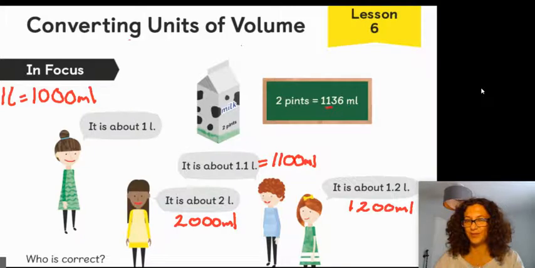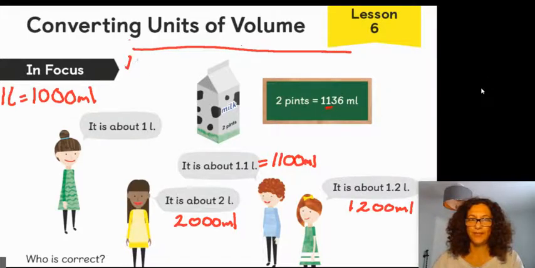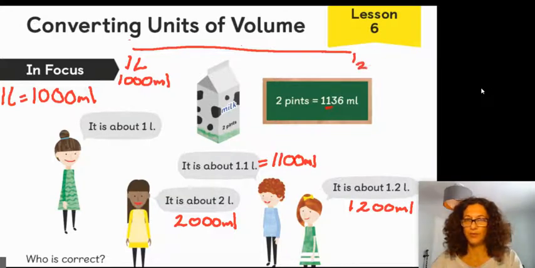It's the hundreds column. So we're going to look at that. So let's put a number line. We're going to have 1 litre this side, 1 litre or 1,000 millilitres. And on this side, we're going to have 2,000 or 2 litres, 2 litres or 2,000 millilitres.